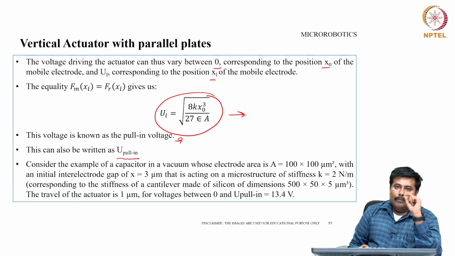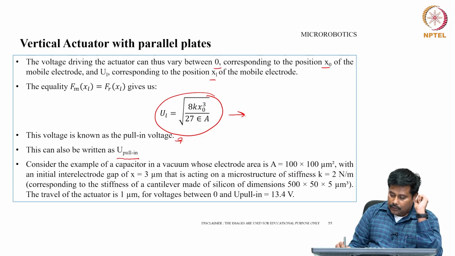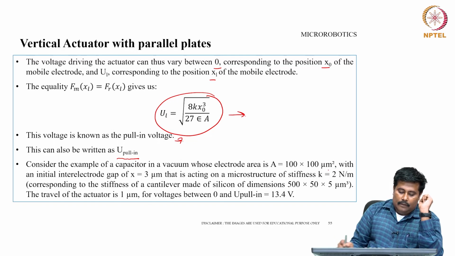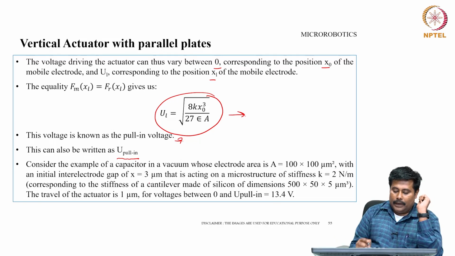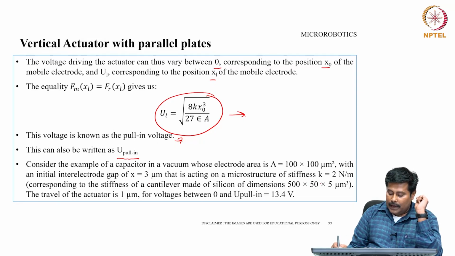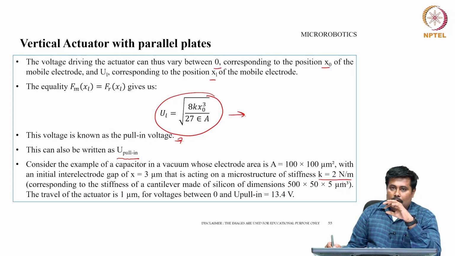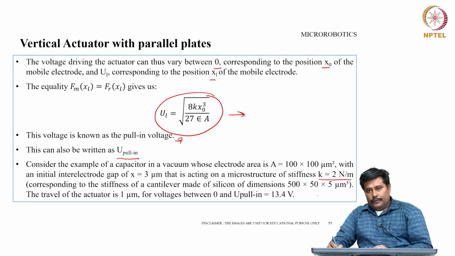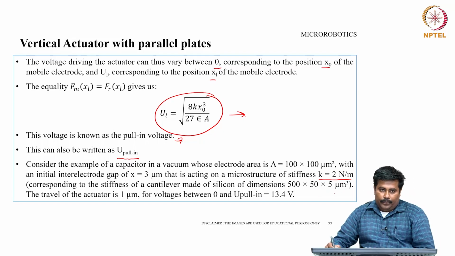Consider the example of a capacitor in a vacuum whose electrode area is 100 by 100 micrometer square with an initial inter-electrode gap of x equals 3 micrometer. That is acting on the microstructure of stiffness K equal to 2 Newton per meter, which corresponds to the stiffness of a cantilever made of silicon of dimension 500 by 50 by 5 micrometer cube.